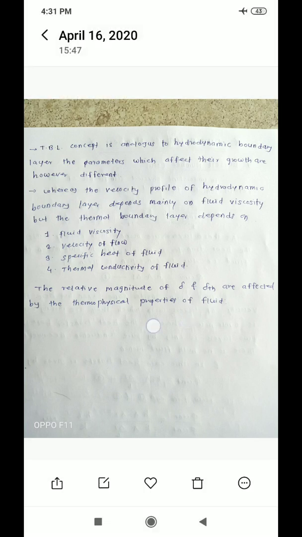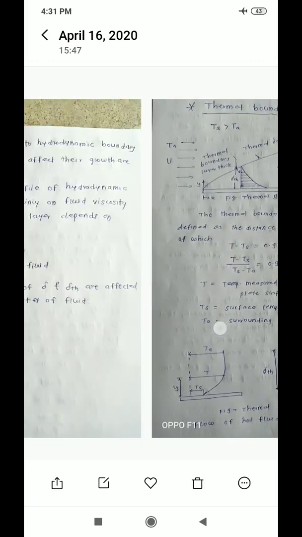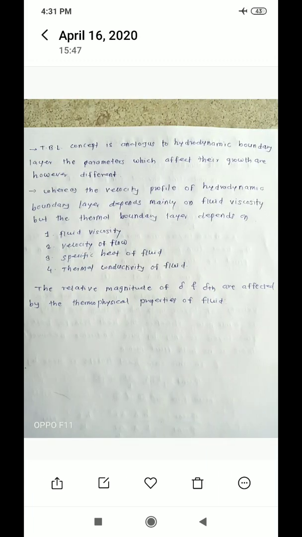But what about the TBL? How is the thermal boundary layer created? It depends on the first factor, fluid viscosity; second, velocity of the flow; specific heat of the fluid; and thermal conductivity of the fluid.